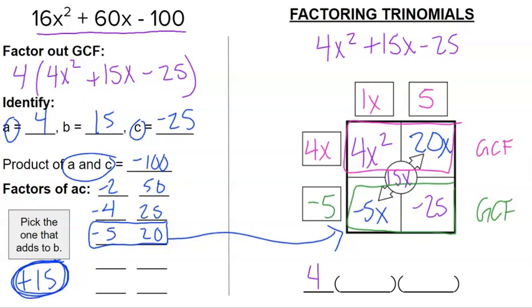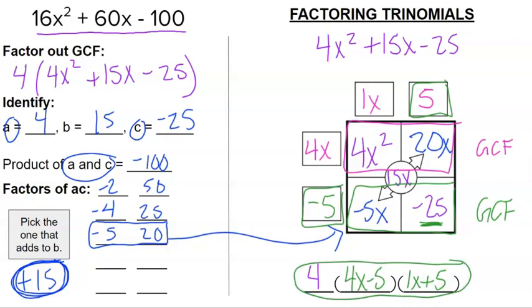We do want to pull out the negative because we need a negative times a positive to make this -25 here. So always really be paying attention to those positive negatives as we work on factoring. So 4x minus 5 and 1x plus 5 would be the factors in parentheses there.